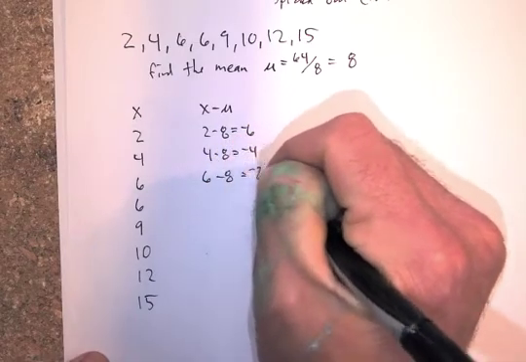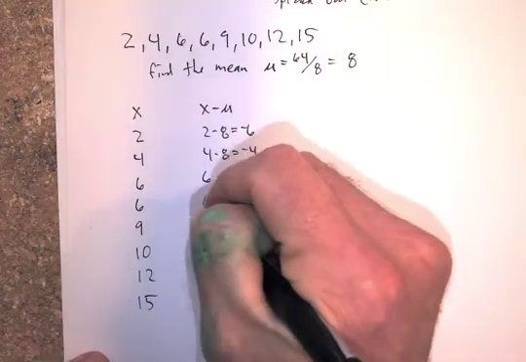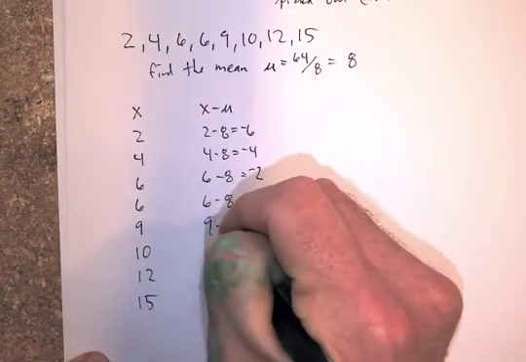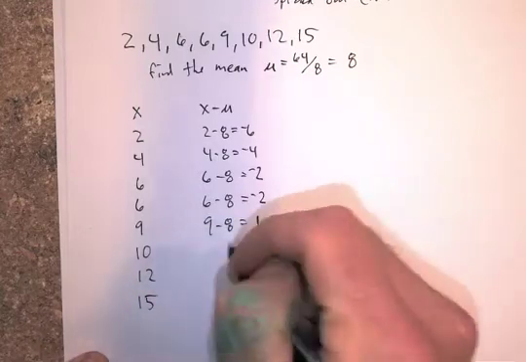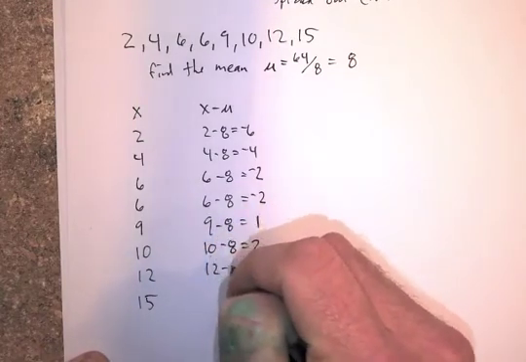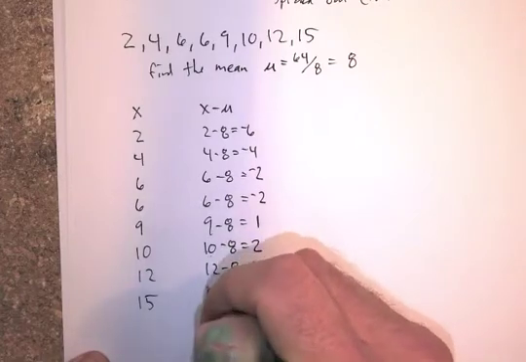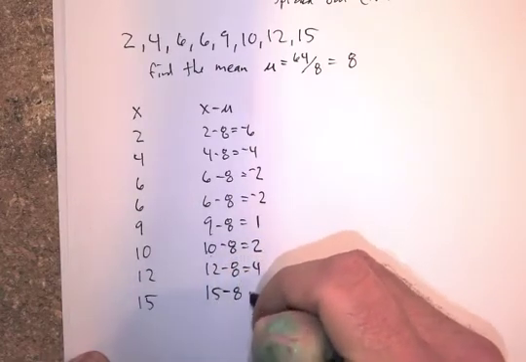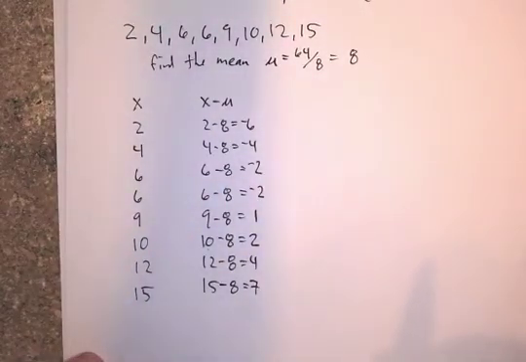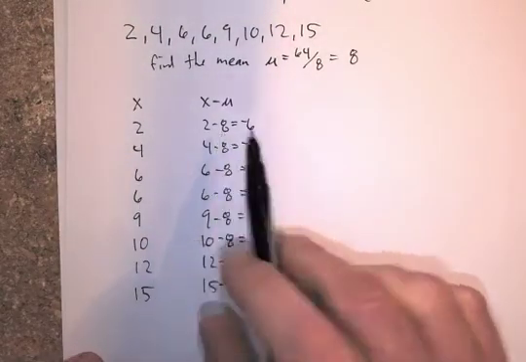I'm just finding out how far it is from the mean. 6 minus 8. If they come up more than once, you still got to do it. 9 minus 8. Okay, now we're talking positive 1. 12 minus 8 is 4. And 15 minus 8 is 7. Okay? Just took the data point minus off the mean.